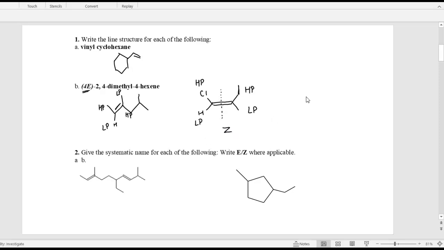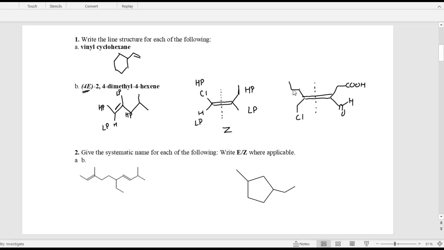Okay, another example just to make sure that you understand. Again, if you have a double bond and then say I have a carboxylic group here, and then say I have a CHO group here, and then here I have a CH2CH3, and then I have a Cl here. So now how do I designate E or Z for this compound? Again, divide it into two halves. Between these two, which one would be the high priority? Carbon.